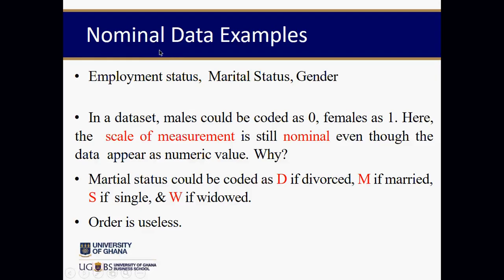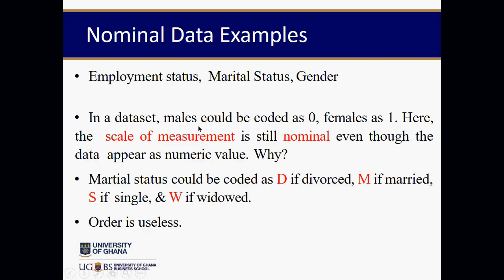Nominal data examples: we have employment status, marital status, gender. More or less like good or bad, things that have two possible outcomes.